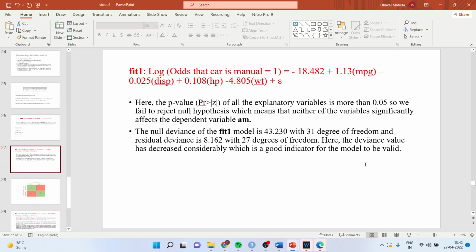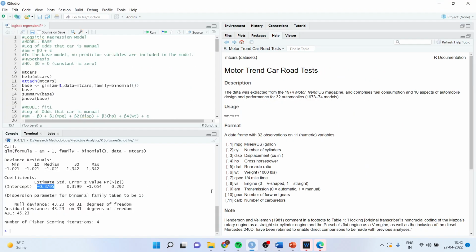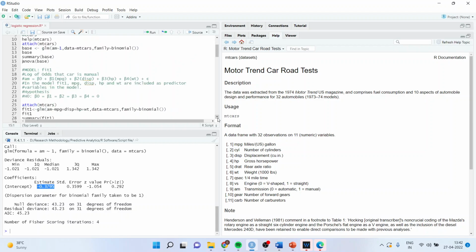Now we will go for assigning the variables to the dependent variable, and I am creating another model, that is fit1. I am saying, what are the factors or the variables which are influencing the car makers that our car should be automatic or manual?